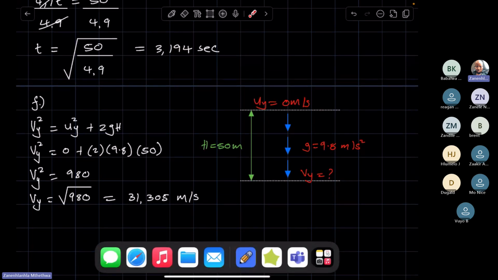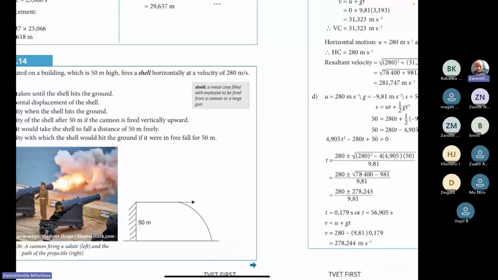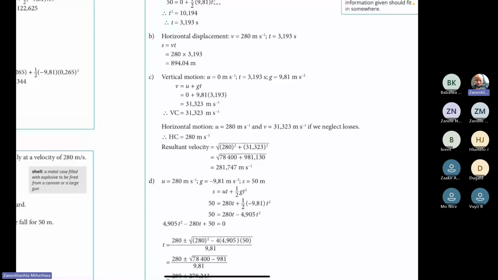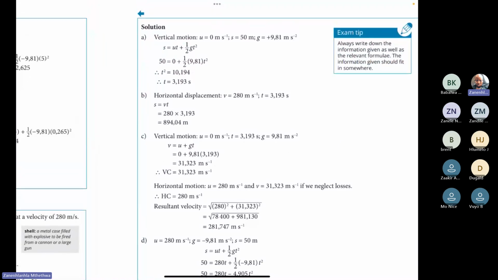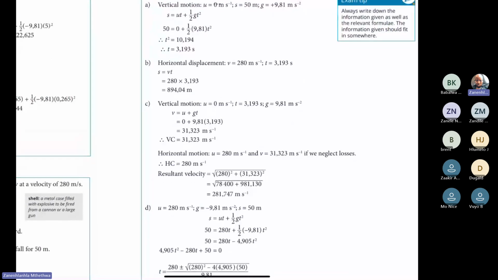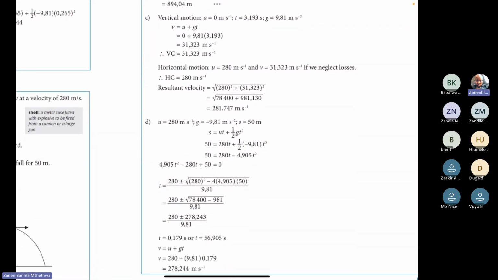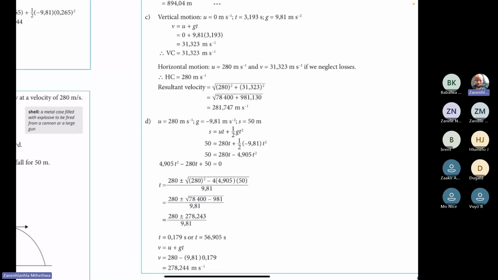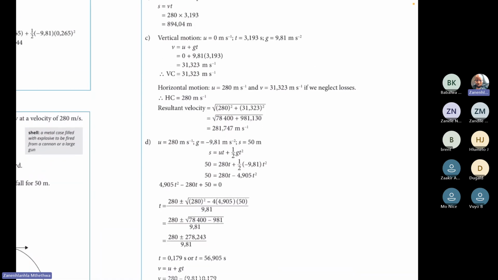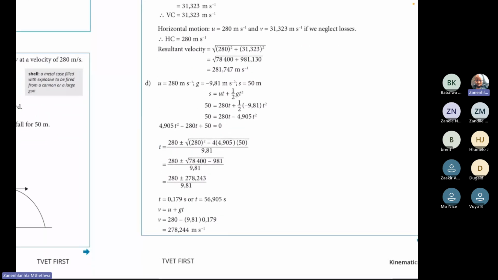Oh, yes. First one, 3.193. We got more or less the same. Second one is correct. C is correct.